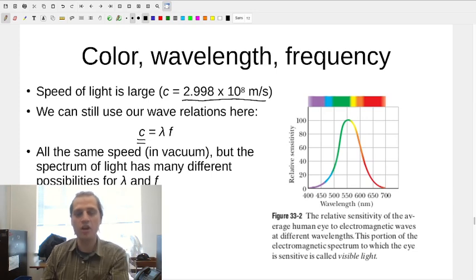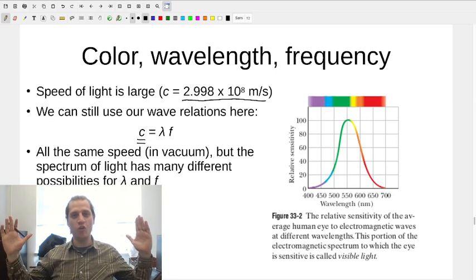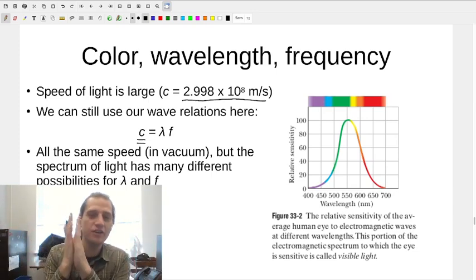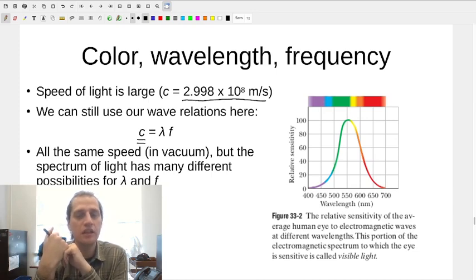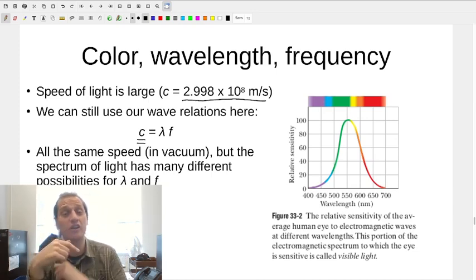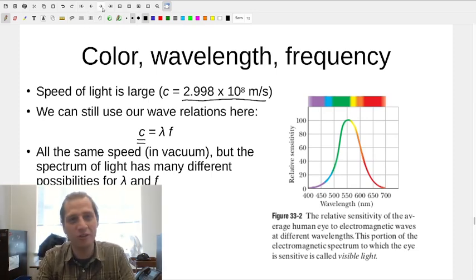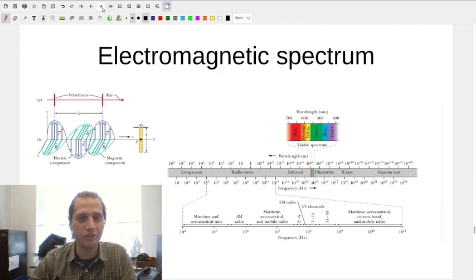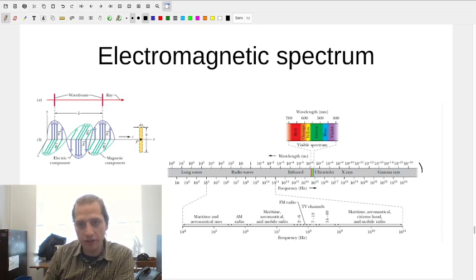So you can have long wavelengths, things that are a meter long, or you can have short wavelengths that are about 100 nanometers long, and those are the only types of waves that we can see with our eyes, because the little antennas at the back of our eyeballs, the little rods and cones, are developed for that. So just to say again, we have all sorts of electromagnetic radiation.